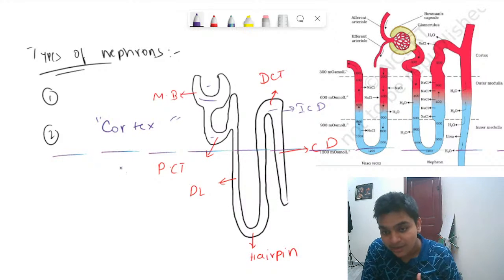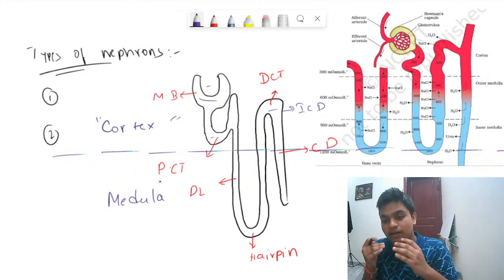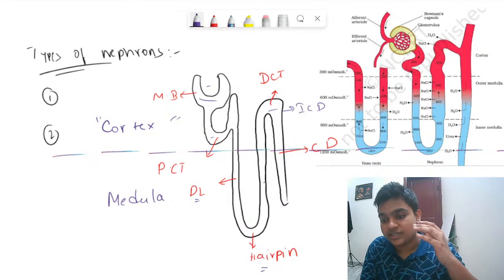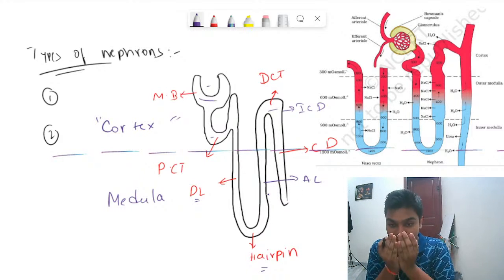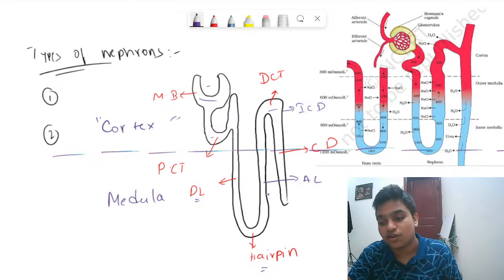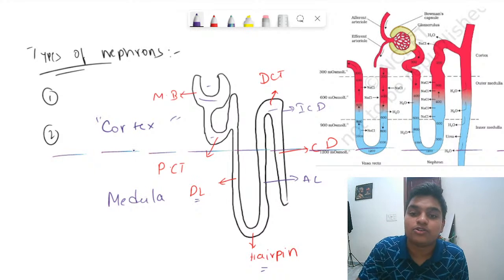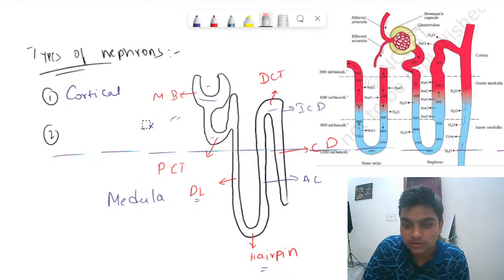Now the parts which are below this line, the medulla part, include the descending limb, hairpin bend, and the ascending limb, thin and thick, both. These are present in the medullary part of the kidney. This is the thing you have to remember, and based on this there are two types of nephrons: cortical nephrons and juxtamedullary nephrons. Okay, let me write it with some other pen.